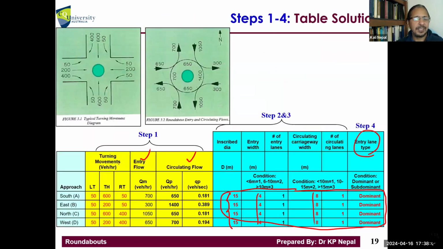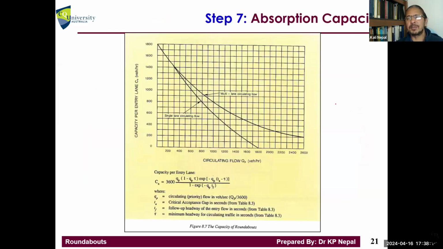What we have: we need the circulating flow. Let's say I want to do the south approach. Circulating flow is 650. What is the circulating flow here? I can show you in the figure, but you need to use this equation for the assessment, all right?